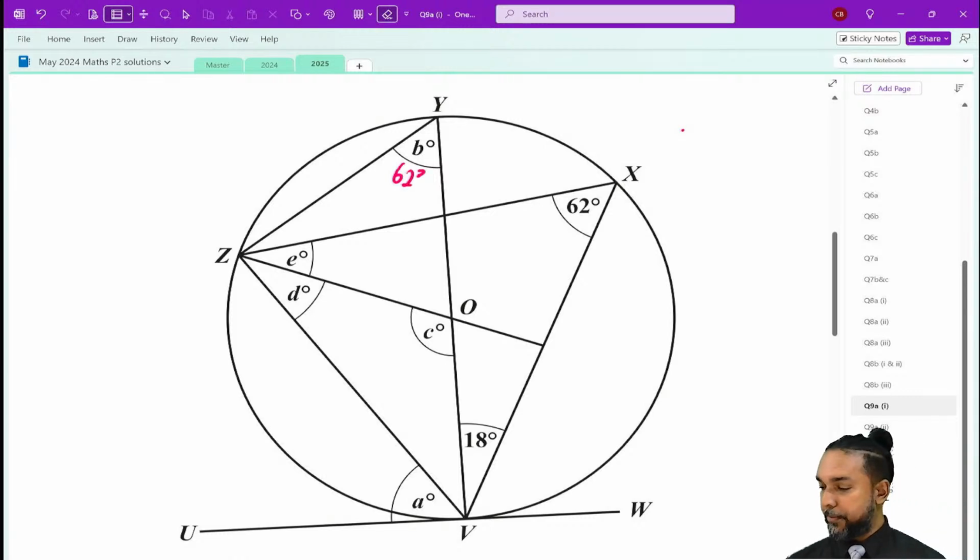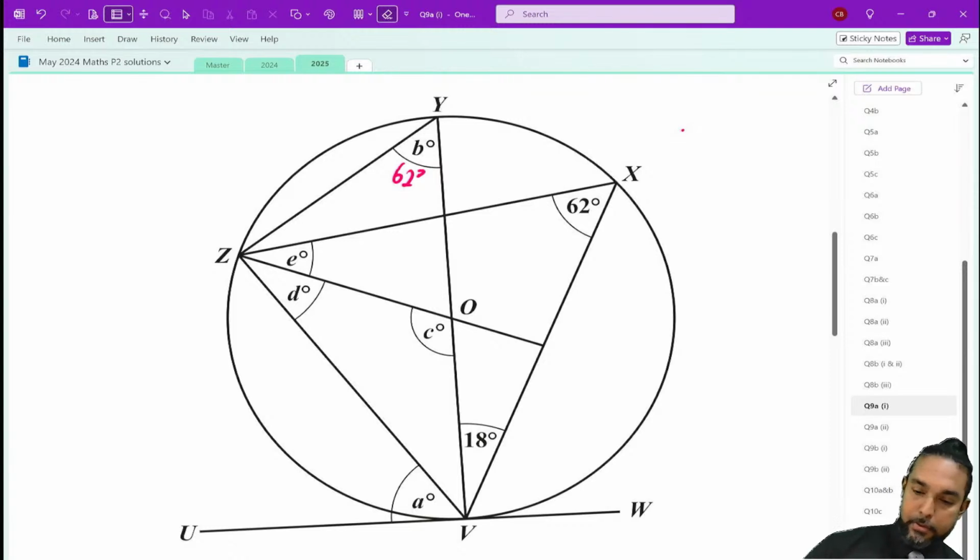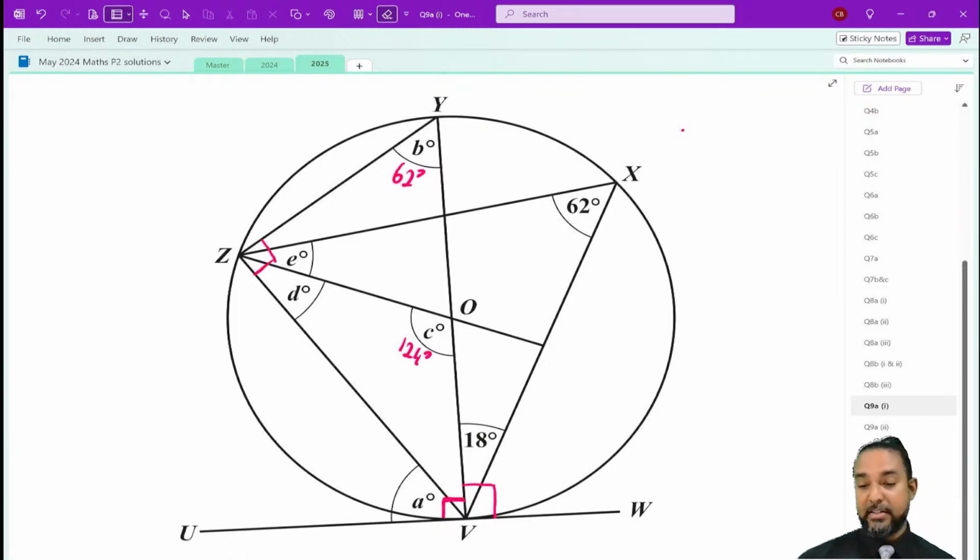We found that a bit earlier. We also know that this is 124 degrees here. We know that this whole angle here is 90, as is this one here. And we also know that this whole angle here is 90 as well, because that's the angle in a semicircle. All right. So we have to find a few things here.